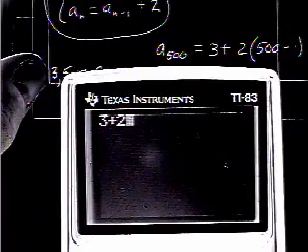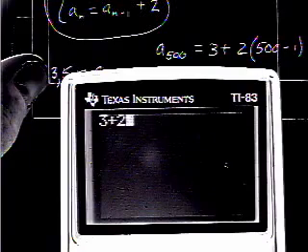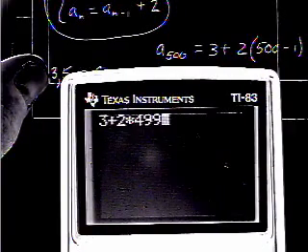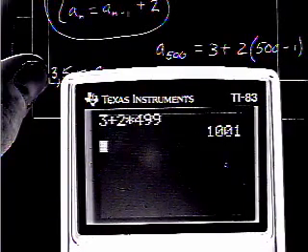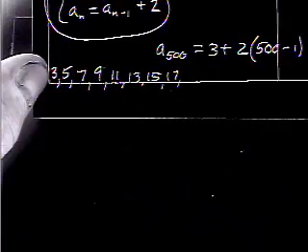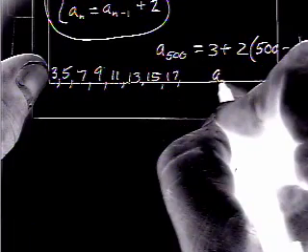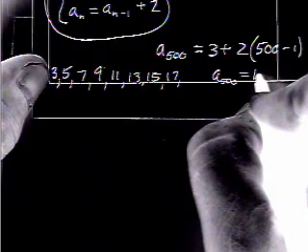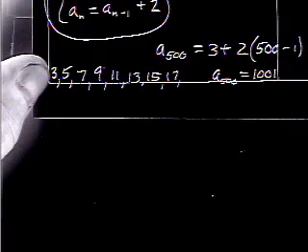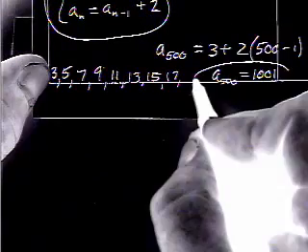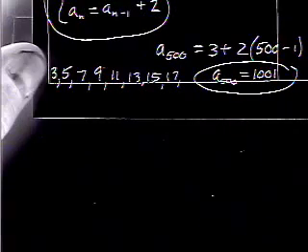I got there: 3 plus 2 times 499. 1001. So the 500th term is 1001. A lot easier to find if I'm using the explicit formula.